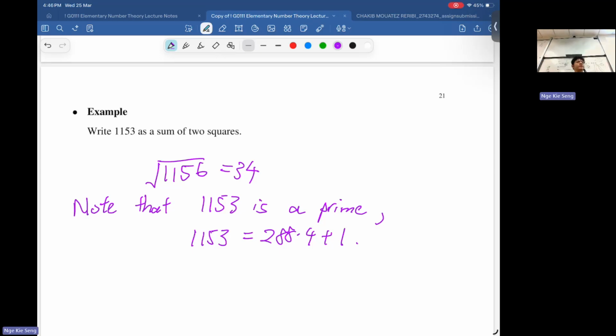By the previous theorem, you can write it as a sum of 2 squares. So how do you write it as a sum of 2 squares? It's a prime, so you cannot split it using the method we did just now, because how you split a prime is just the prime itself.